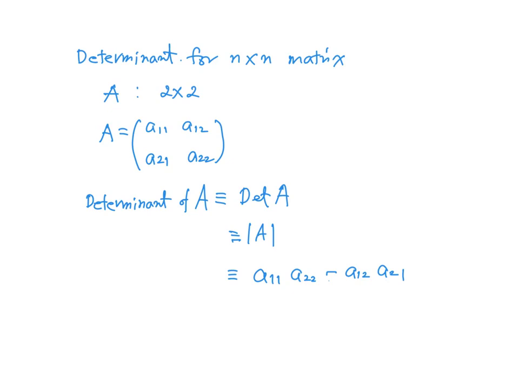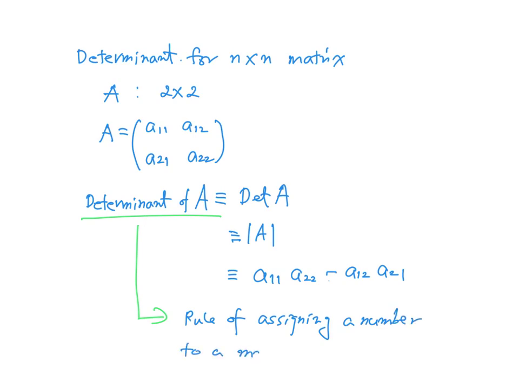So determinant is actually a very simple rule to associate a number to the matrix. So you can regard this as a rule of assigning a number to a matrix, in this case n by n.